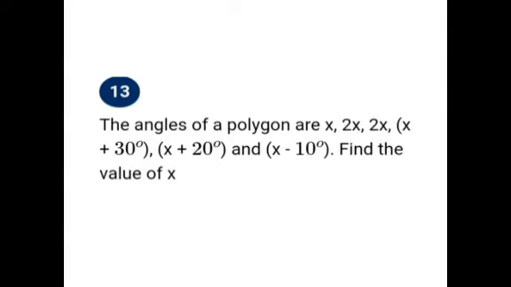Number 13. The angles of a polygon are x, 2x, 2x, x plus 30 degrees, x plus 20 degrees, and x minus 10 degrees.